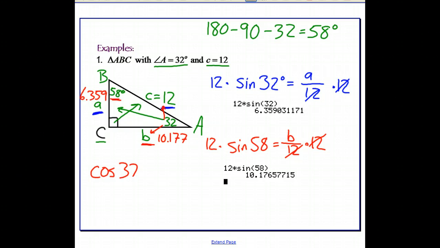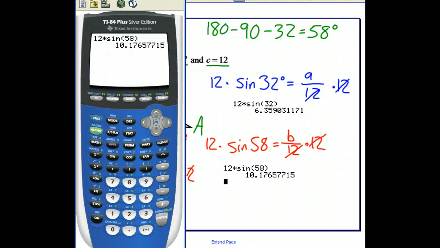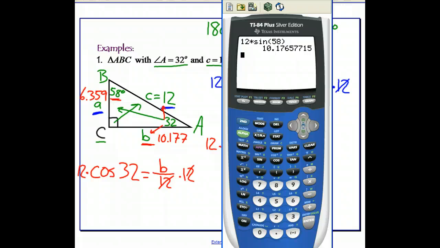So we could have done cosine of 32 equals our adjacent side over 12, times 12. And if we take a look at the calculator, we notice that 12 times the cosine of 32 is the exact same thing. So that would have worked just fine as well.